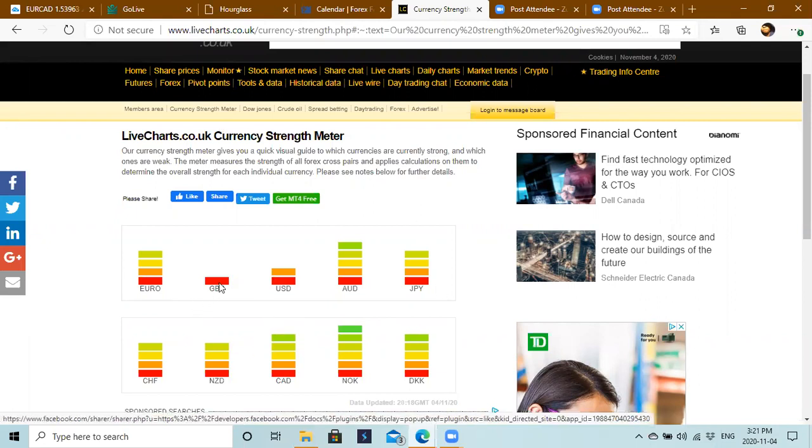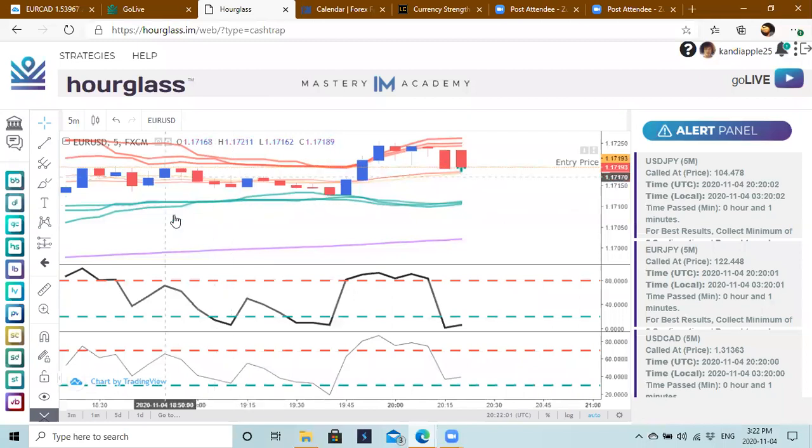So you will not see GBP, you will not see AUD, you will not see DKK, you will not see NOK, you will not see NZD, and you will not see CHF. This does not mean you cannot get these pairs in here. You can. The only thing that you will not get is this arrow.